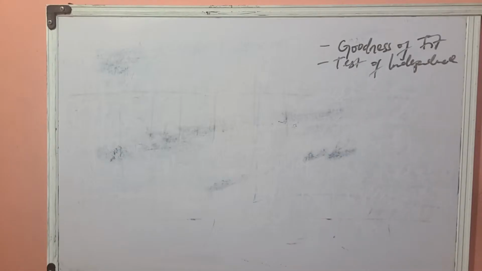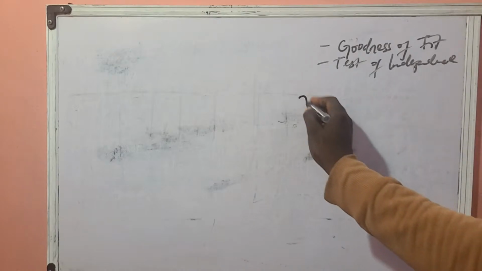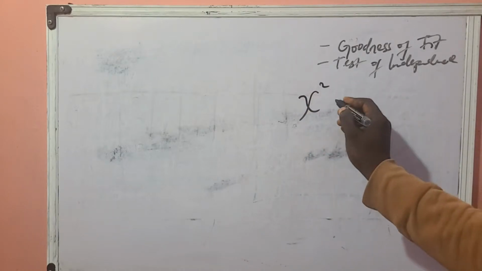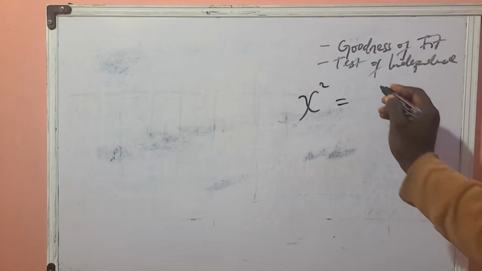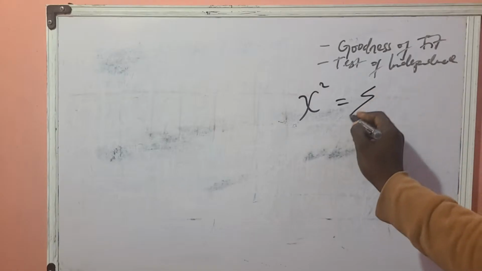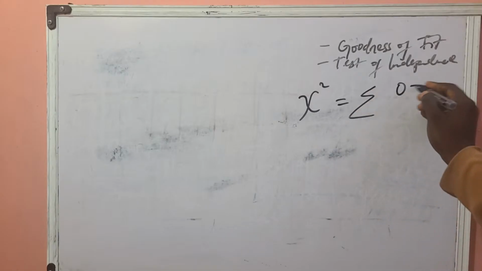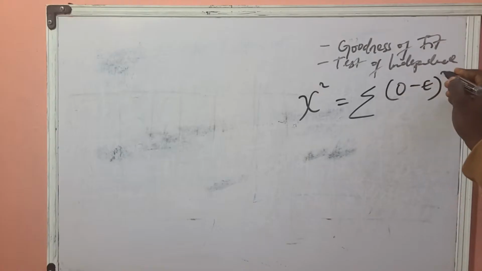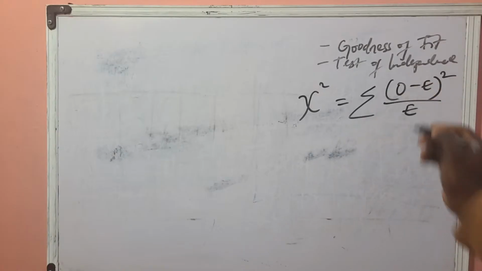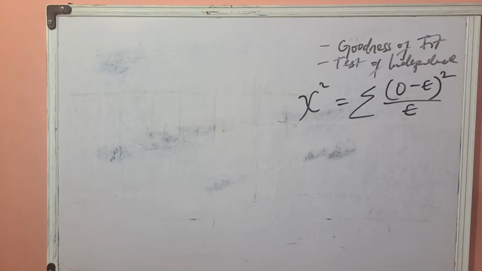So you guys should recollect that I told you that the test statistics for chi-square is this. I believe by now everybody should be familiar with this. This is the test statistics for a chi-square distribution, all right? And when we're dealing with goodness of fit, we always add the expected.